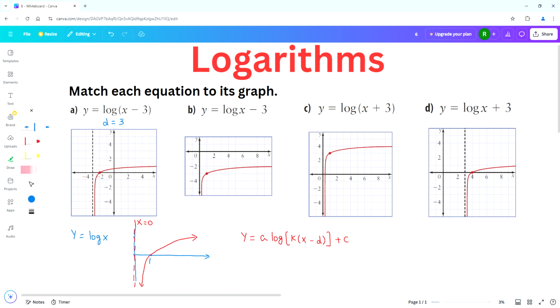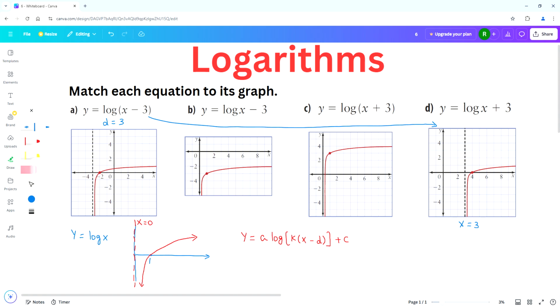So the graph for y equals log of (x minus 3) is the graph of the parent function y equals log x transformed 3 units to the right side. That is the first graph on the right side, because in this graph, the vertical asymptote is at x equals 3.